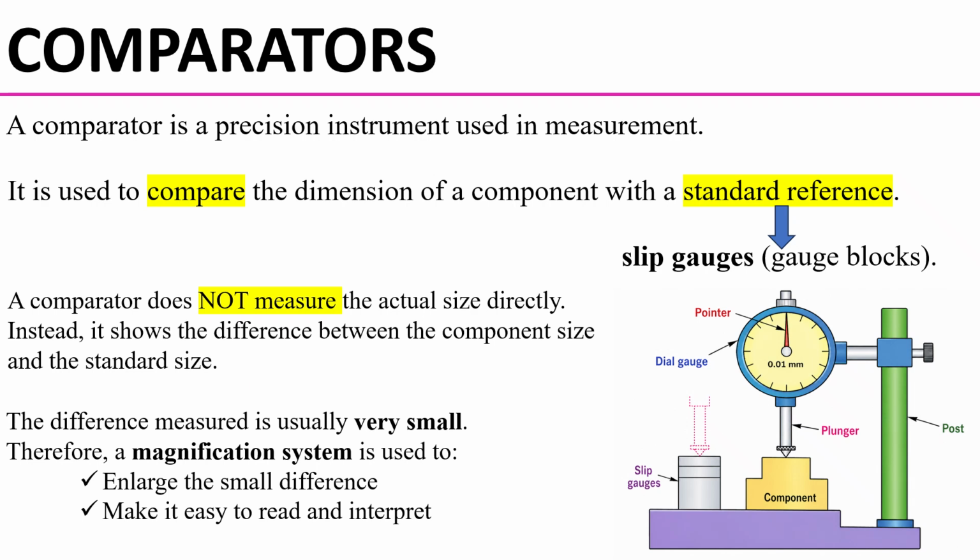The difference measured is usually very small. Therefore, a magnification system is used to enlarge the small difference and make it easy to read and interpret.